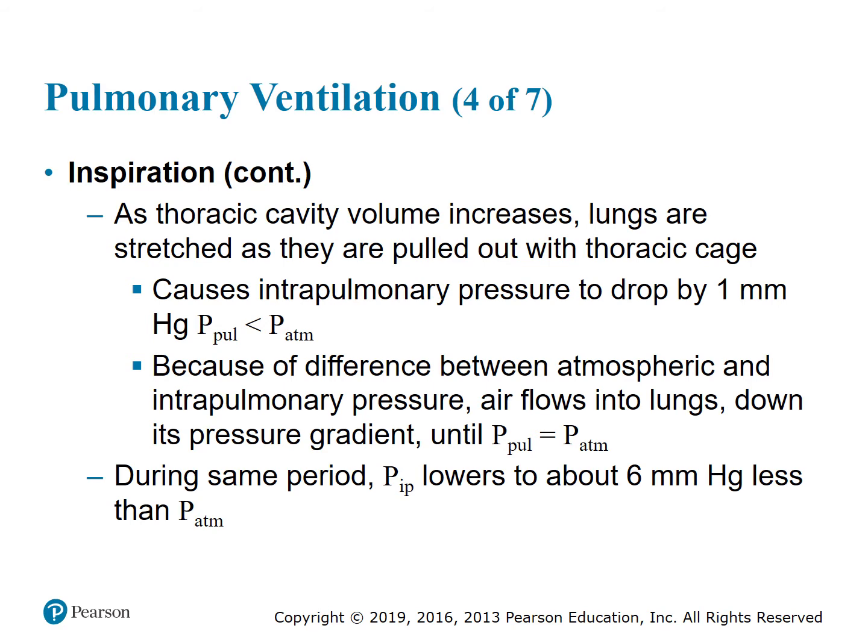Because of the difference between the atmospheric and intrapulmonary pressure, the air flows into the lungs down its pressure gradient until the two pressures are equal. During the same period, the PIP lowers to about 6 millimeters of mercury, which is less than the atmospheric pressure.